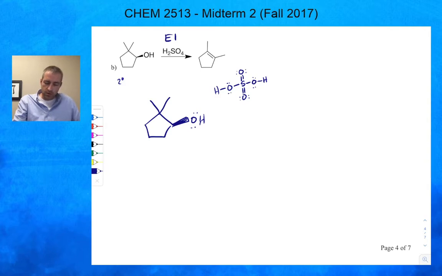And what we want to do is a proton transfer. Whenever you have a strong acid in one of these organic reactions, usually the strong acid is the first thing to react. So let's get out my red pen, and we're going to draw it like that. This is a proton transfer step.